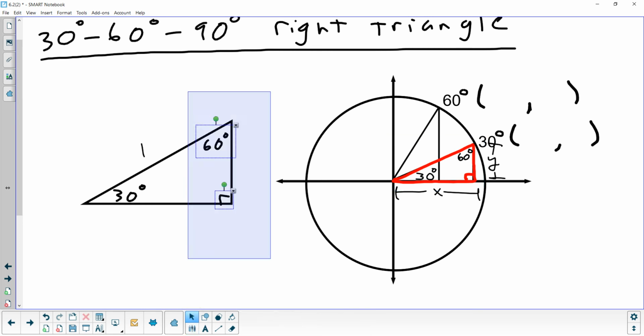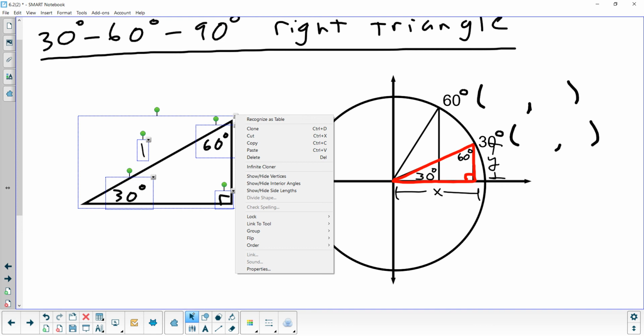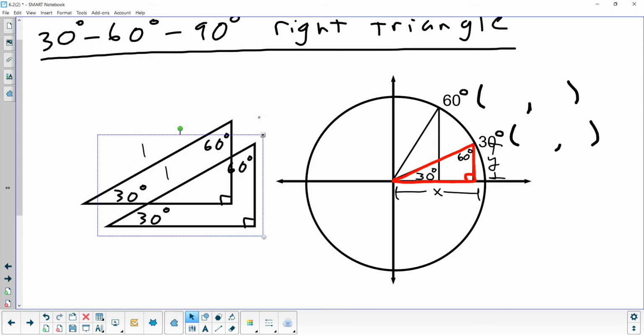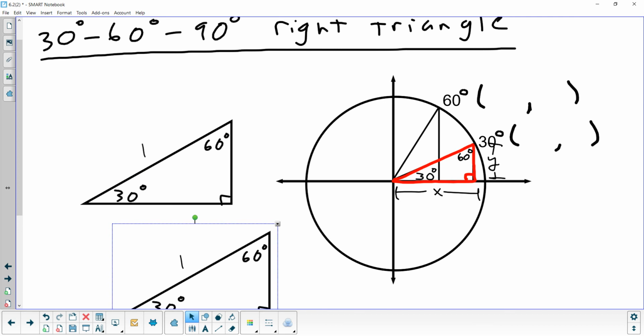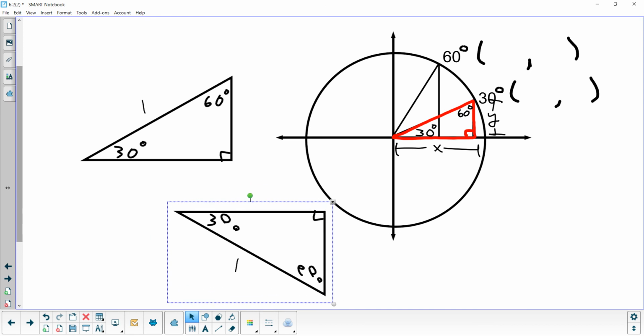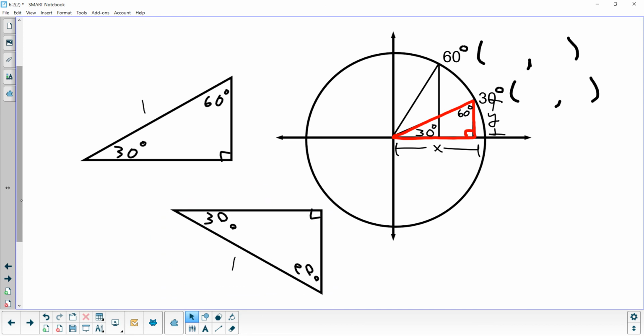Okay, and here is my hint. I'm going to go like that, and then I'm going to go like that. What could I do with those 2 things?